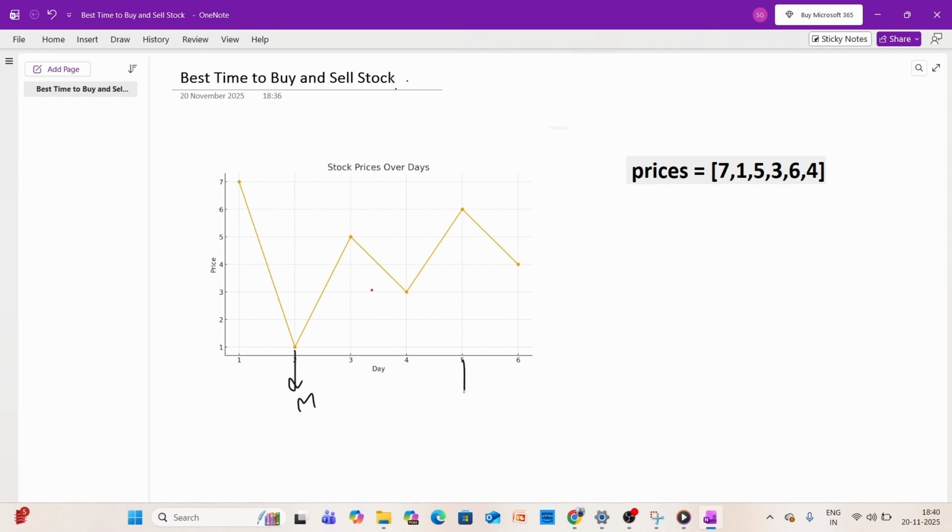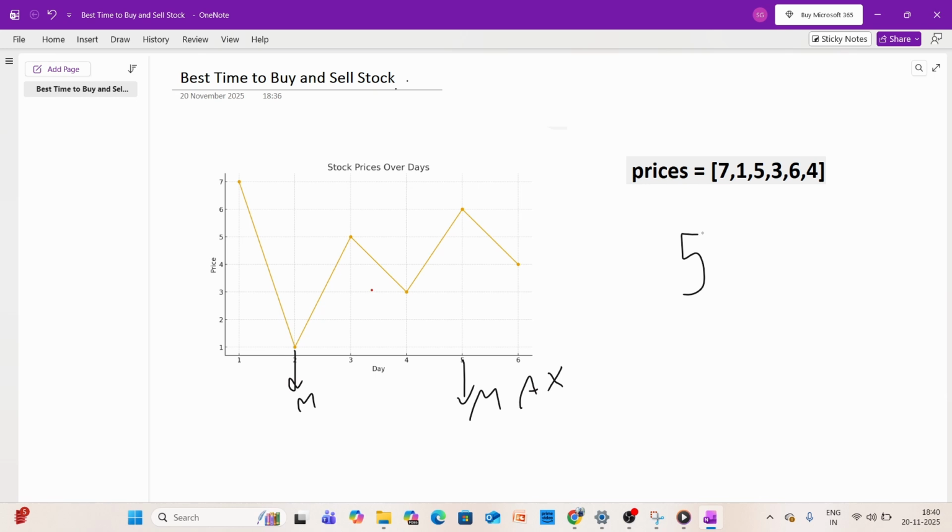So this will become our max point. What will be the actual profit here? On the fifth day the price is 6, and on day 2 it was 1. So the profit will be 6 minus 1, which will be 5. This can be the maximum profit.